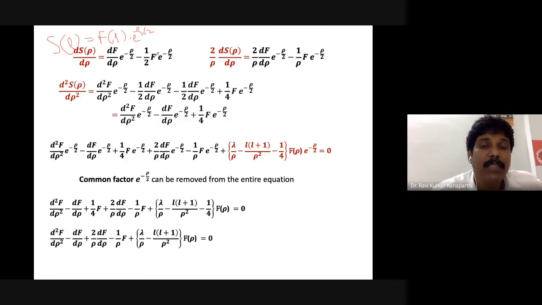The first function is nothing but f. Okay, and then from here you can calculate the second derivative. But here you see this is a product, and this is also a product. Derivative of the product, and this also derivative of the product.